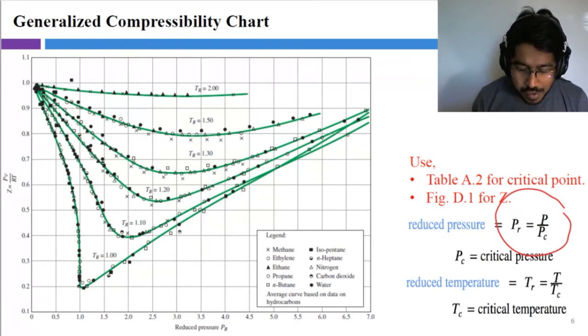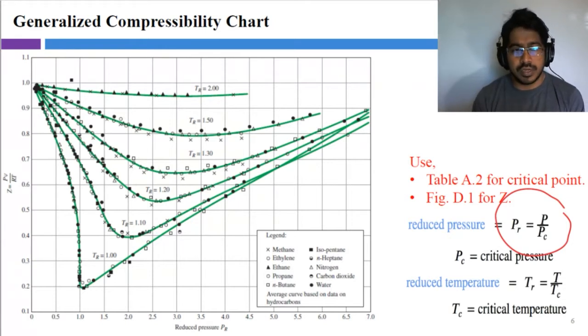However, pressure divided by critical pressure is called the reduced pressure. Let's say our pressure of interest is 10 megapascals, and the critical pressure of the given substance is 20. Then our reduced pressure is going to be 10 divided by 20, which is 0.5, right?